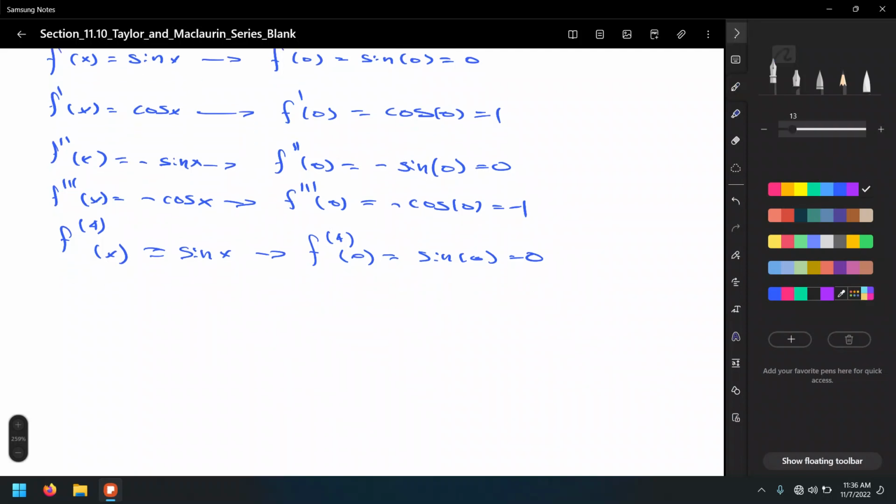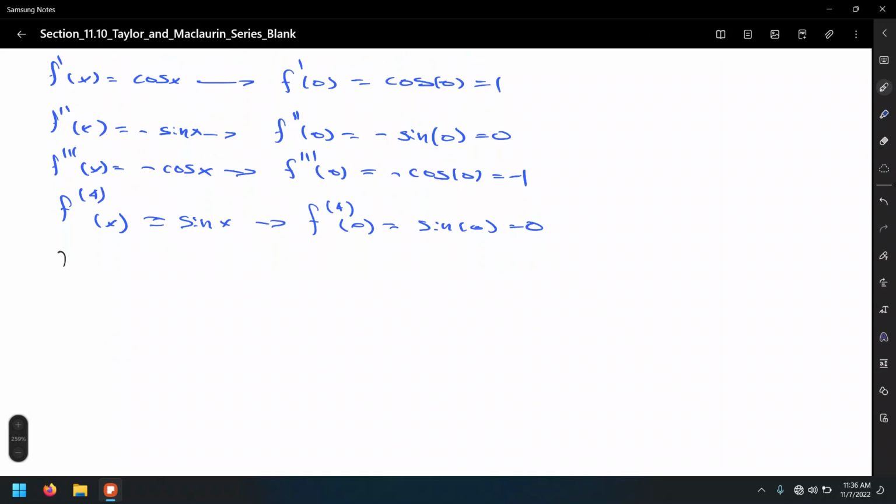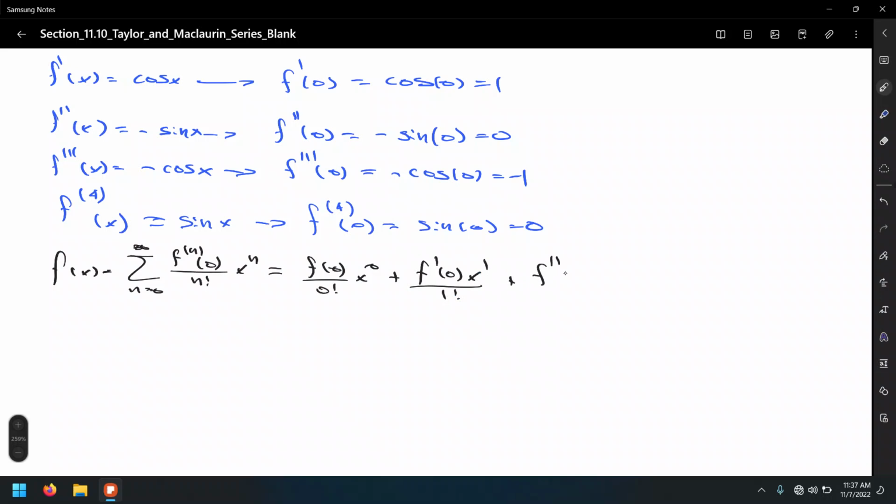Well, Maclaurin series f of x equals sigma n equals 0 to infinity, nth derivative at 0 over n factorial x to the n, and that's f of 0 over 0 factorial x to the 0 plus f prime of 0 x to the first over 1 factorial plus f double prime at 0 x squared over 2 factorial plus, well, the pattern just continues, right?